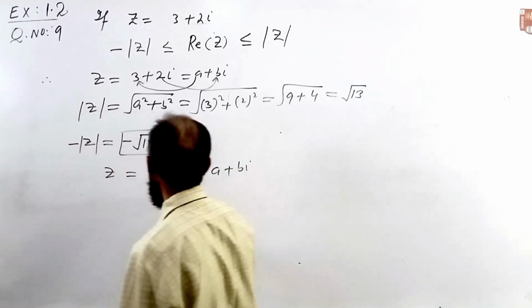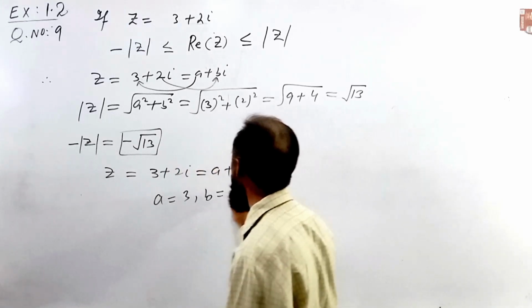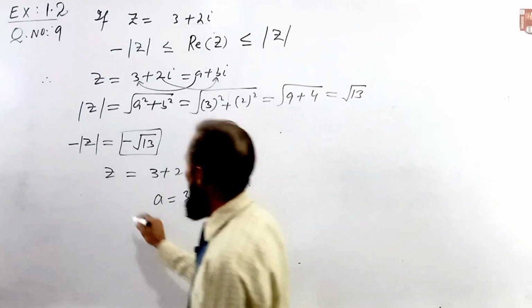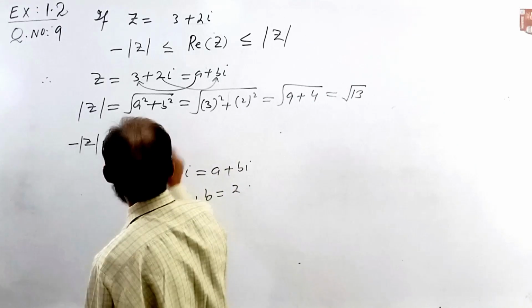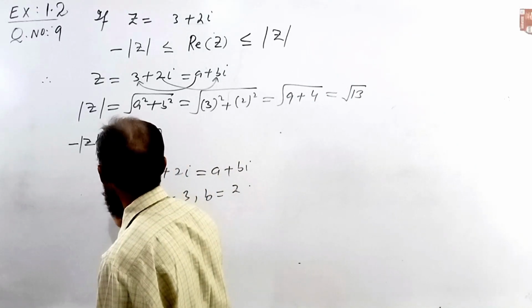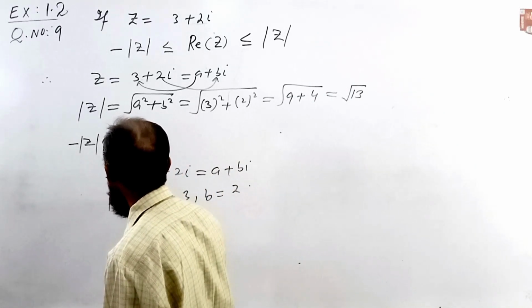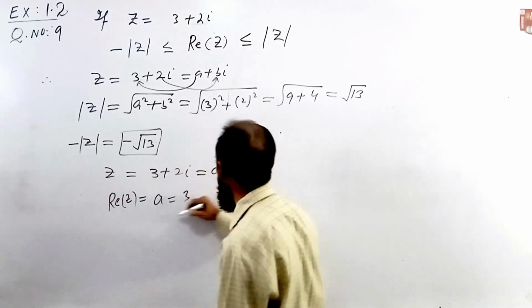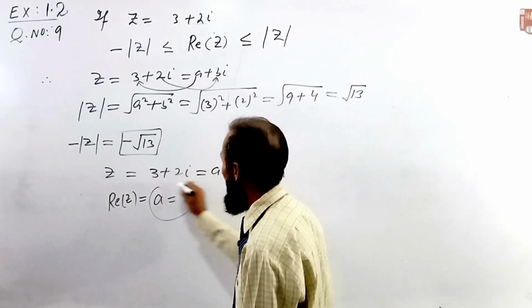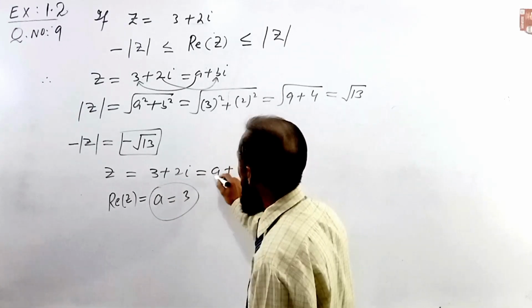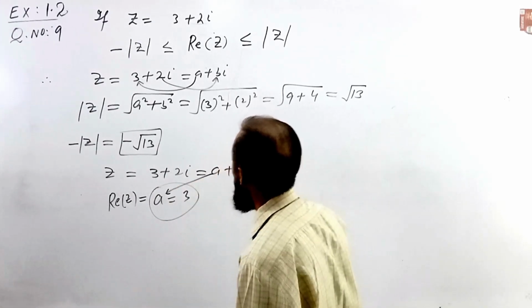It means that the real part is 3 and the imaginary part is 2. So the real part of z we get here is a, equal to 3.